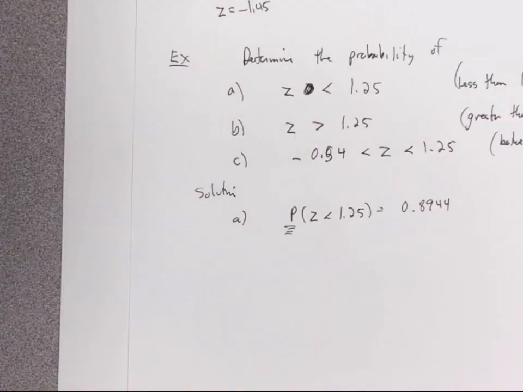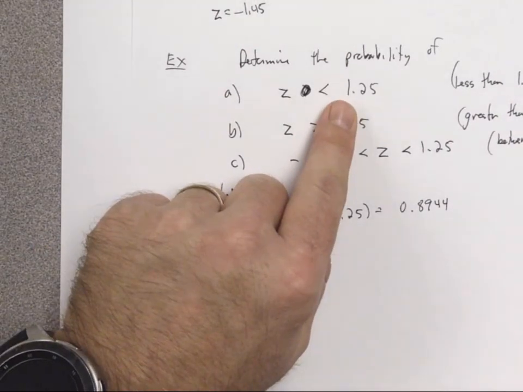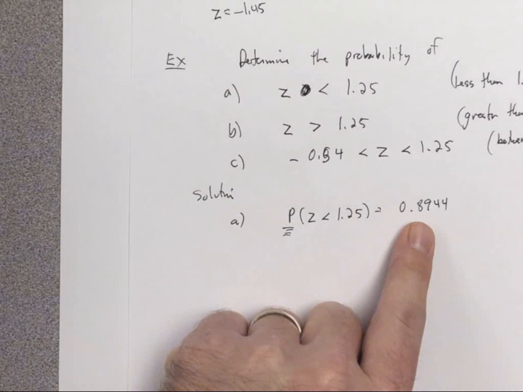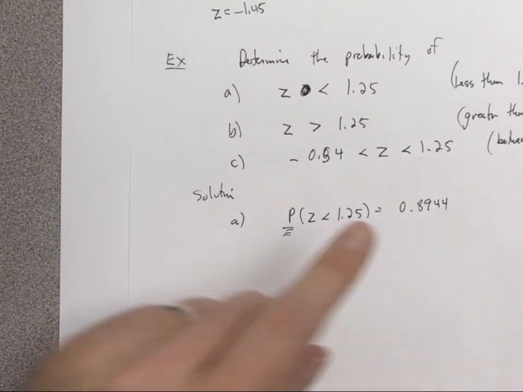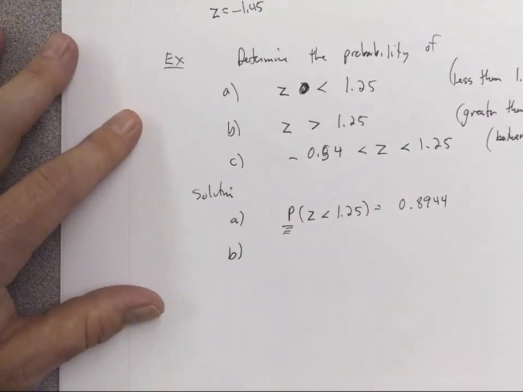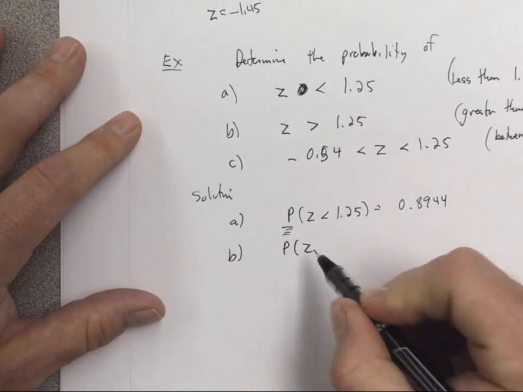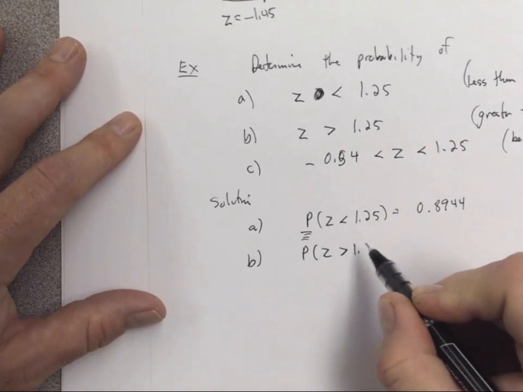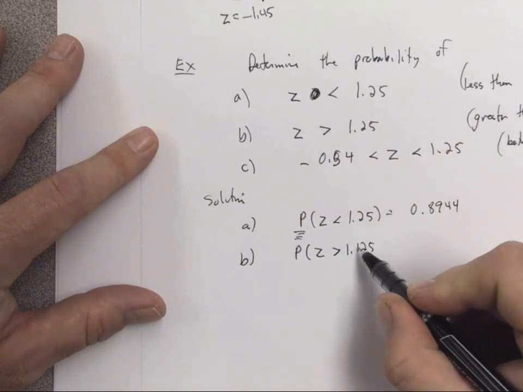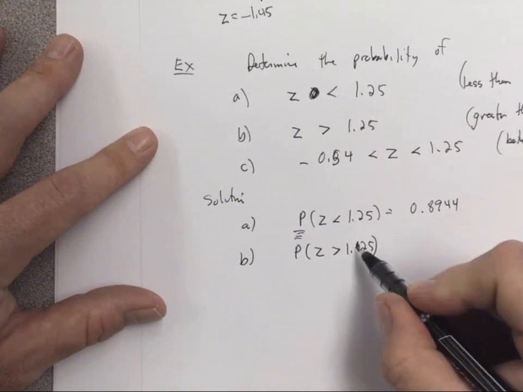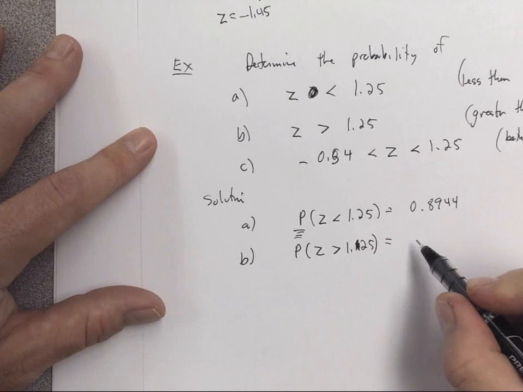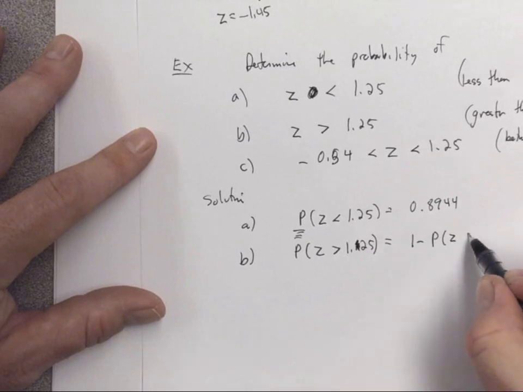All right. Well, if I know the area to the left of 1.25 is 0.8944, how do you find the area to the right? So if you want the area to the right of 1.25, so greater than 1.25, this is going to be equal to 1 minus the probability of z being less than 1.25.